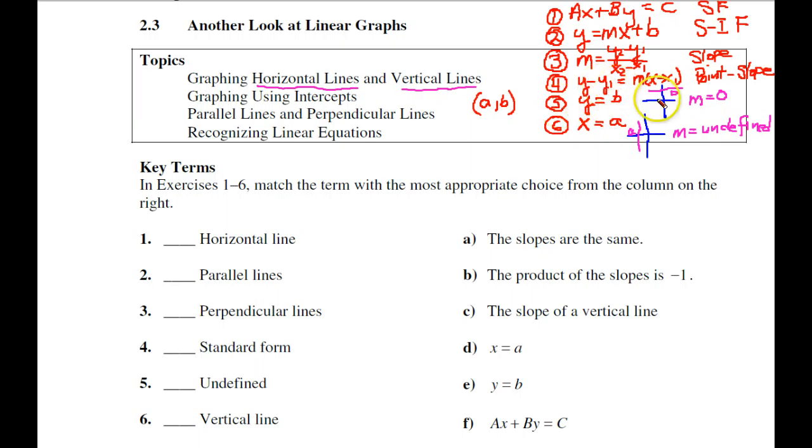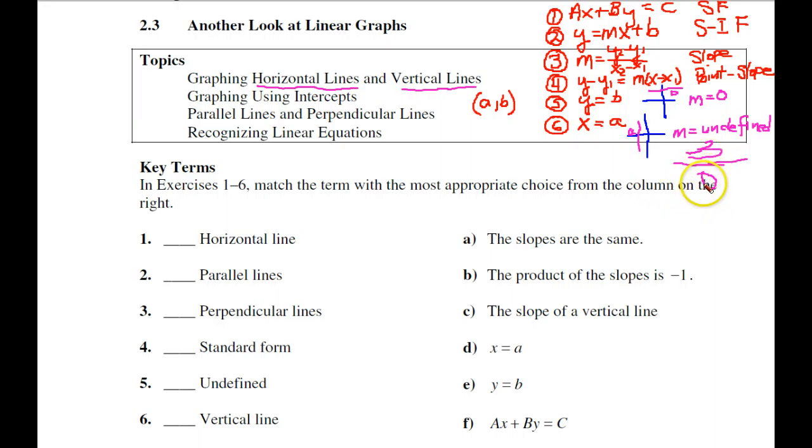Now I added a couple of other things. The slope of a horizontal line, which is m, equals 0. The slope of a vertical line, since when we do it, we would get something like -3 divided by 0. 0 would be in the denominator.